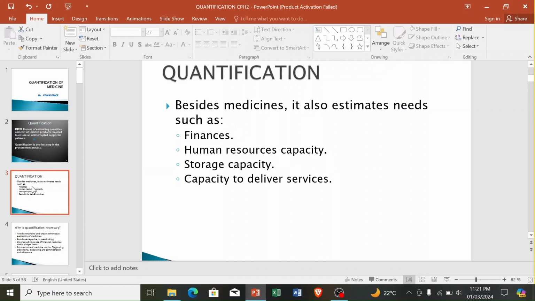Storage capacity: when we look at the store where we are going to keep the medicines, the quantities will determine how much space we have in the store. If the store does not have enough space, it will limit the quantities we are going to order, because even if we order in bulk, we may not have where to store them.